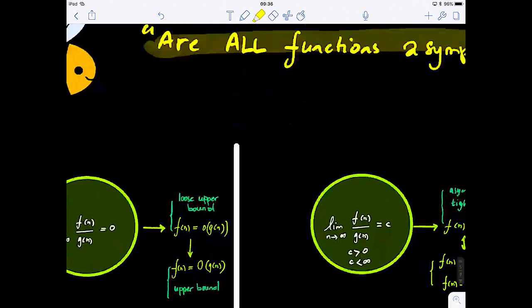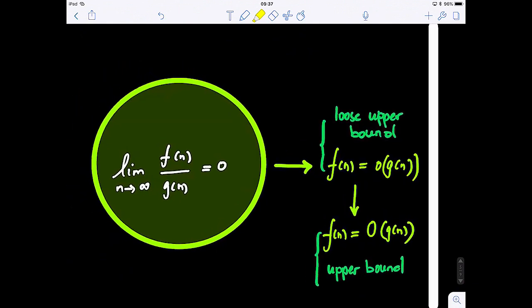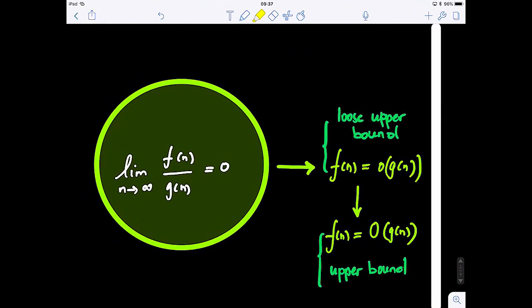So in terms of limit, if you take the definition of the loose upper bound or also the normal upper bound, and you look at their definition in terms of the existence of the constant, and you make n tend to infinity, what does this mean? If you divide by g of n, you'll have these different classes.